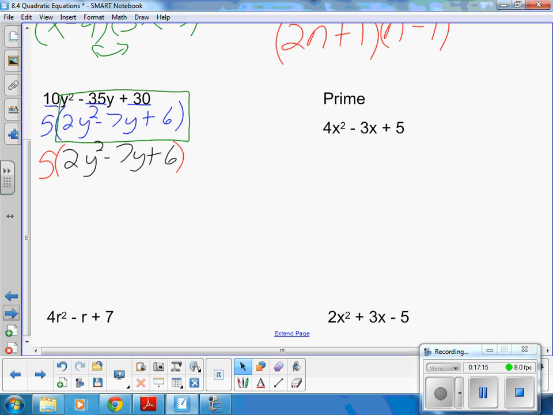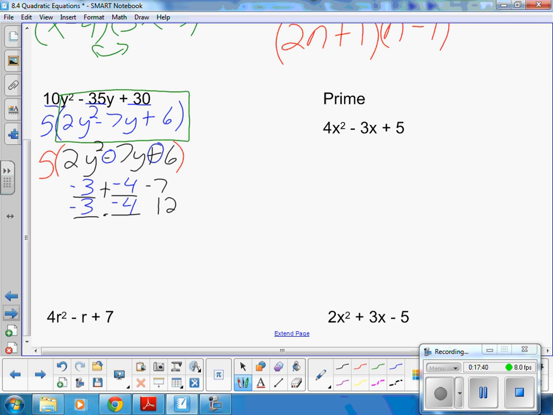My black part, I need to know which two numbers are going to add up to a negative 7 and which two numbers are going to be multiplied to get 12. So the signs are going to be the same, and they're going to be negative. So that is going to be a negative 3 and a negative 4.